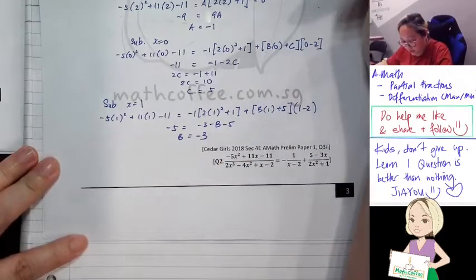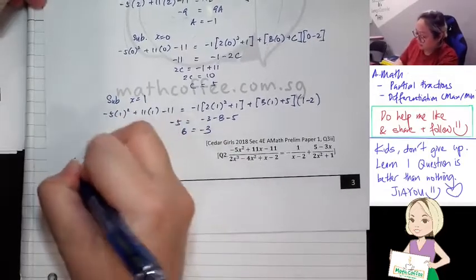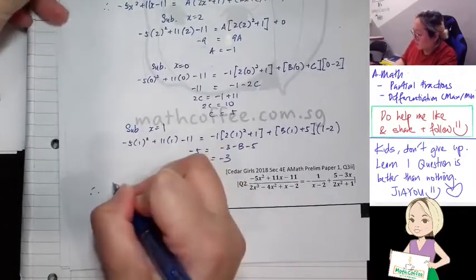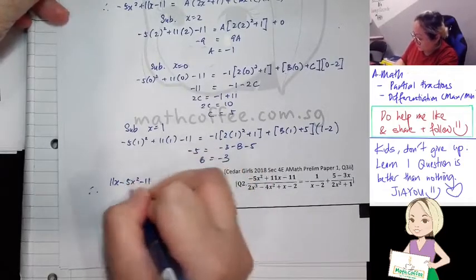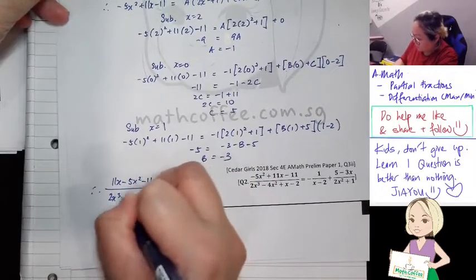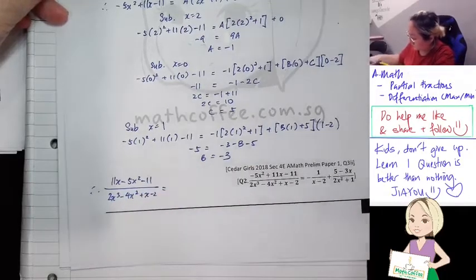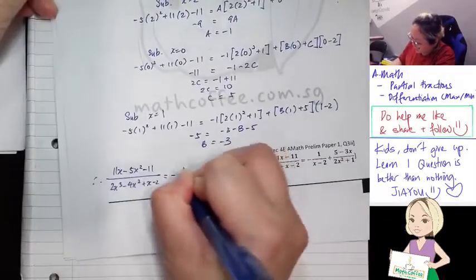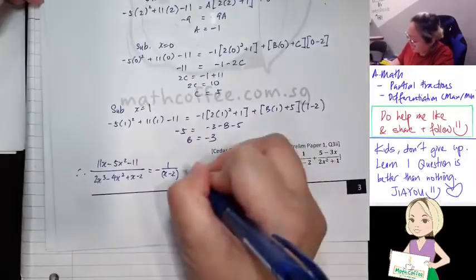Okay, now let's see, where am I? Okay, so now I have my a, b, c. We're going to put it back to the fraction. So always write the original question. Okay, always write the original question, which will give us 11x minus 5x squared minus 11 over, write out the original question, will be equals to, my a is minus 1, so it is minus 1 over x minus 2 plus bx plus c over 2x squared plus 1.